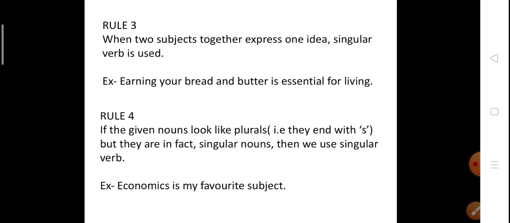Maths is really tough for me. Here is is used, so you can see that is the singular verb. So always remember, if any noun ends with s and looks like a plural but is actually a singular noun, then with that we use a singular verb.